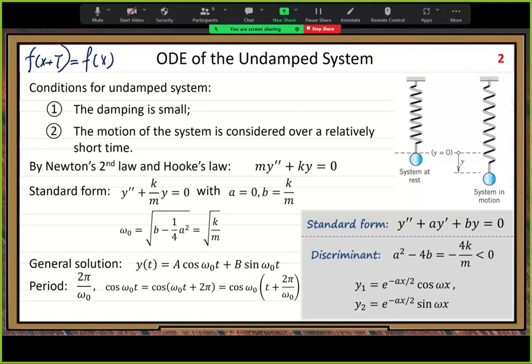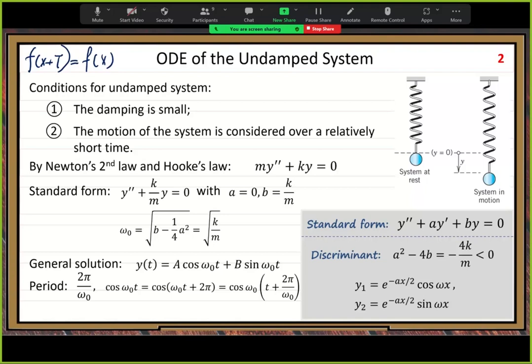That capital T we treat as a period, because it holds true for all x in the domain. For all x in the domain, you have that relationship, plus T. So that T we treat as the period.